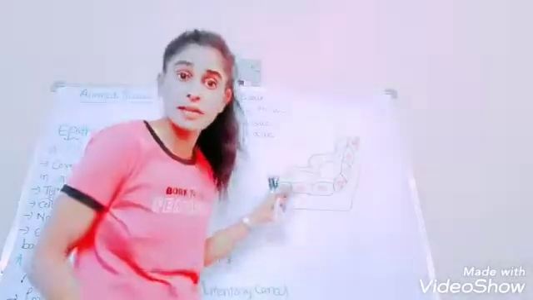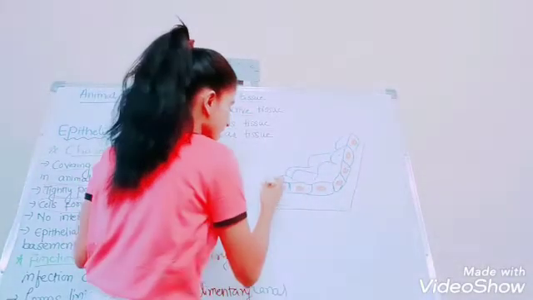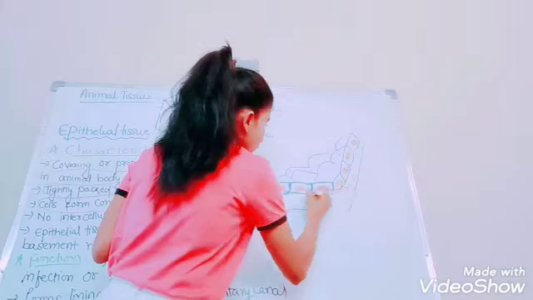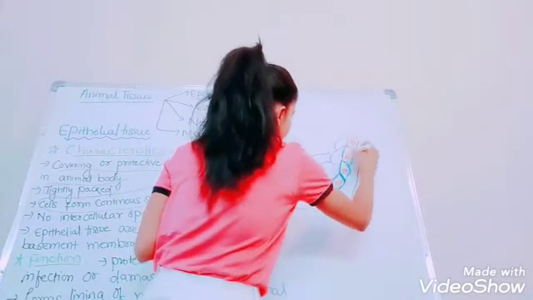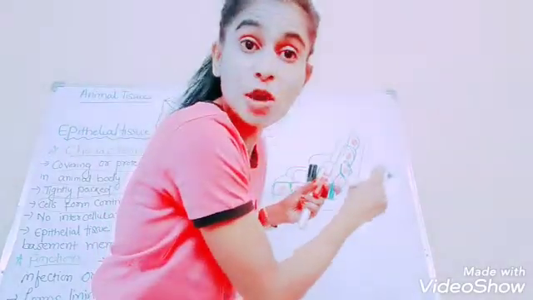You can see in the picture over here. The cells form a continuous sheet-like structure, just like the tiles of your floor. A continuous single sheet of cells is present. And where is this sheet of cells located?